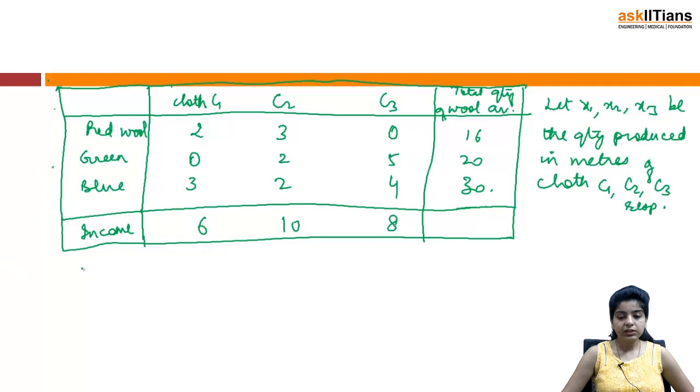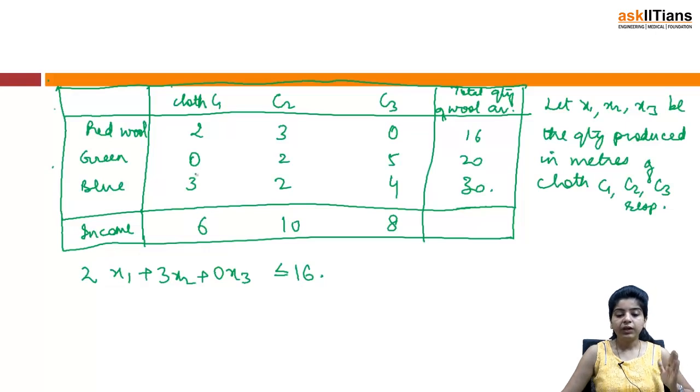So that means we'll have total quantity available is 16 in case of red wool, so it becomes 2x1 plus 3x2 plus 0x3 is less than or equal to 16. This is again following from the same concept as we have discussed just now in the previous example.